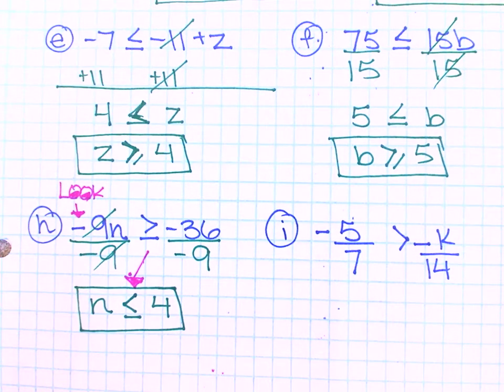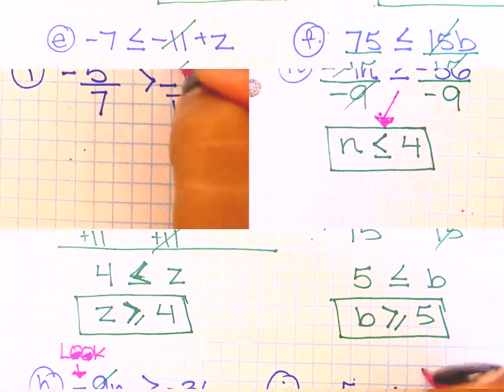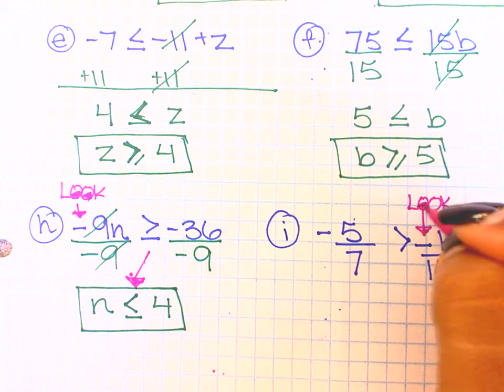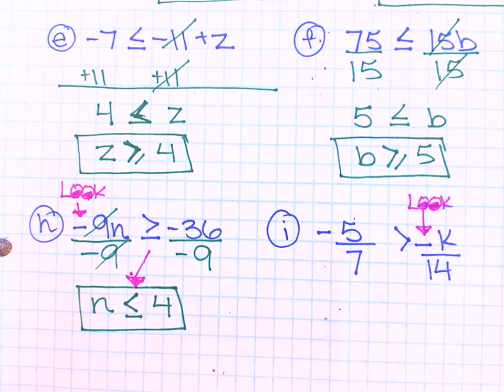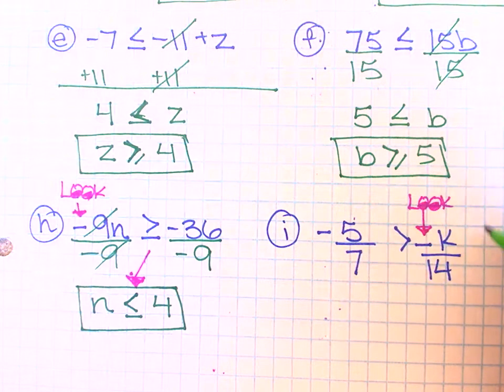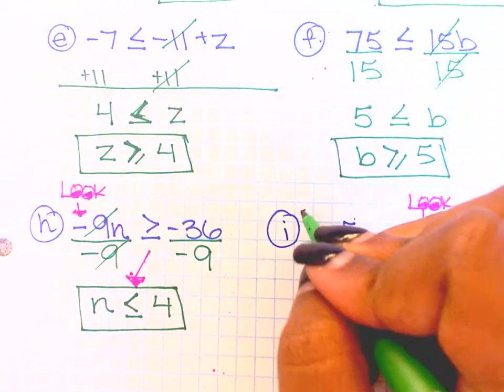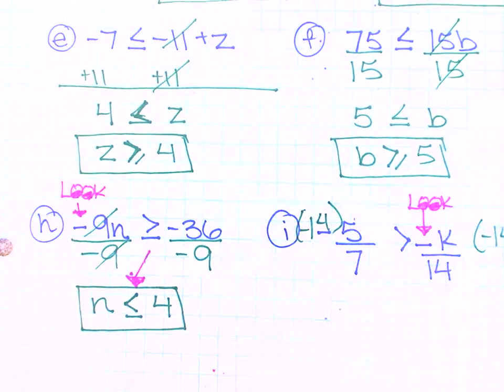Now I know I'm going to have to multiply by a negative because look, draw a little arrow and say look, if you have to multiply by a negative to get the variable by itself, or if you have to divide by a negative to get the variable by itself, the sign switches, it changes, reverse. Okay? So I know that I'm going to have to multiply by negative 14 to get a positive k on that side, and a negative 14 over here.